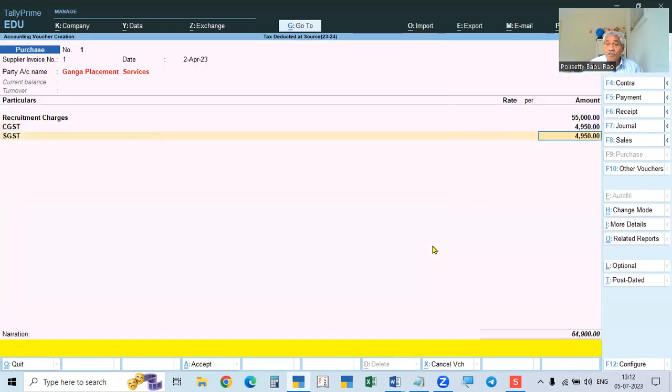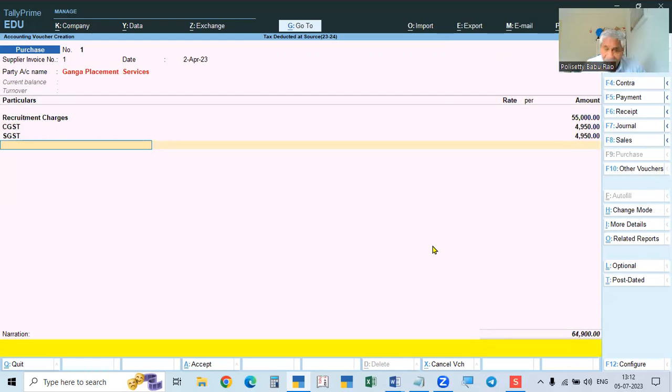Now in the same voucher we have to show the tax deduction. Here we already made everything. What is the tax here? TDS deductible. The TDS is to be paid directly to the government.